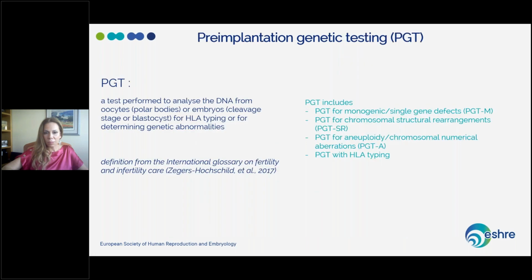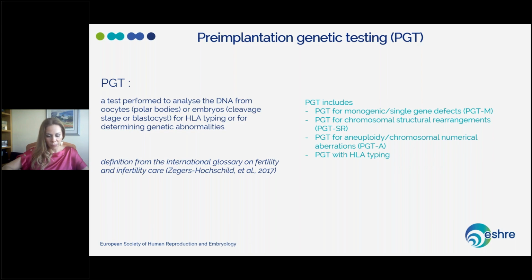I'm starting with a definition of PGT. So PGT is a test performed on samples biopsied from oocytes or IVF embryos. And the aim is to test for single gene disorders in PGT-M, or for chromosomal numerical aberrations as in PGT-A, or for chromosomal structural aberrations in PGT-SR.